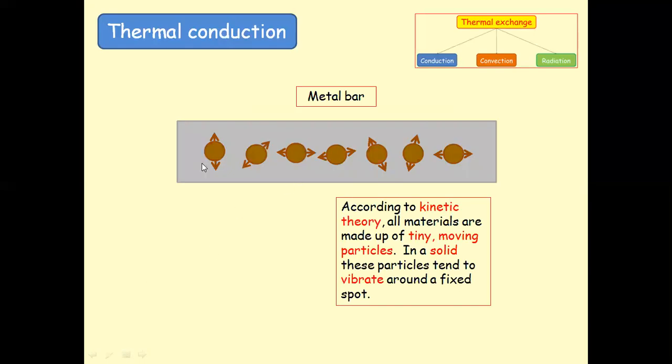In thermal conduction, as you see here, we have a metal bar. If we remember the kinetic theory, all materials, all matter, are made up of tiny moving particles. Now in a solid, like the metal bar here, the particles vibrate in a fixed position.